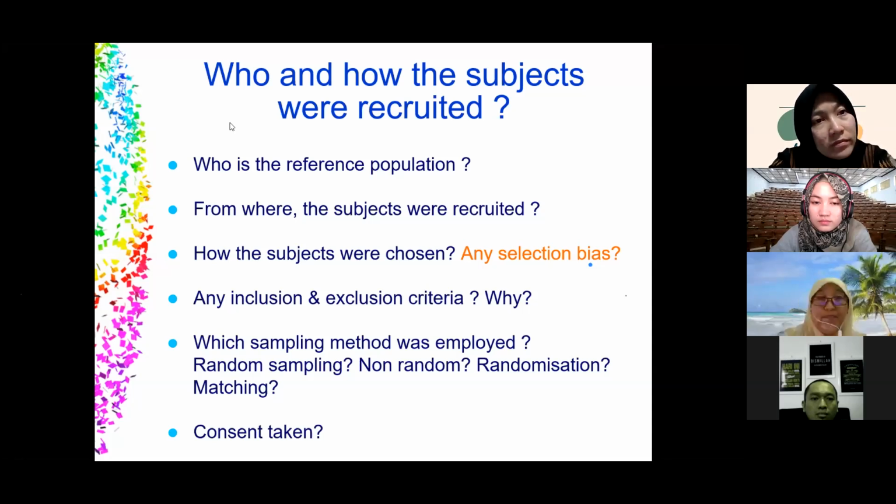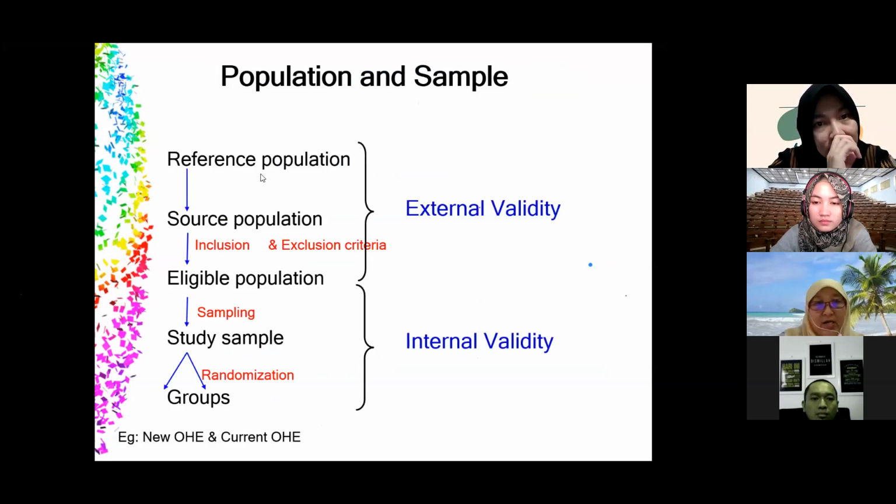Yeah? Okay. Selalunya, bila kita conduct study, in the method section, they must at least have one sentence about the reference population. Kemudian, siapa source population dia? Source population meaning from where you take your sample. Kemudian, ada inclusion exclusion criterianya. So whoever fulfill the inclusion and exclusion criteria will become the eligible population. So from the eligible population, katakan 10,000 eligible, tapi you perlu 2,000 saja.